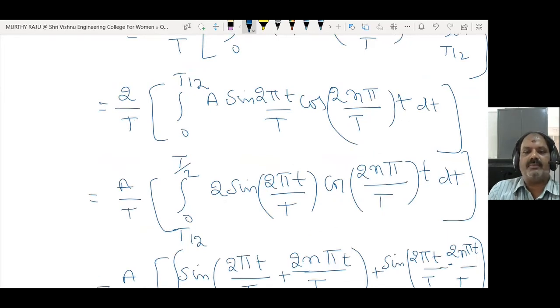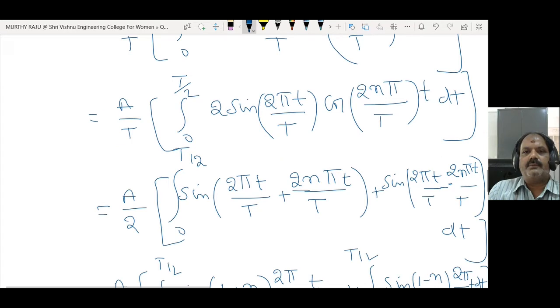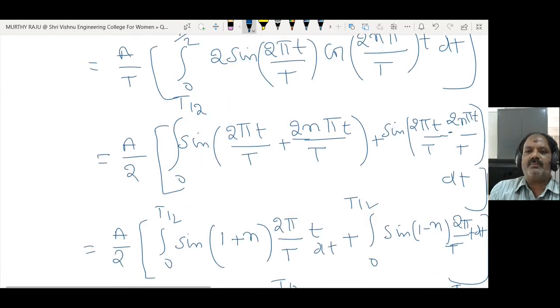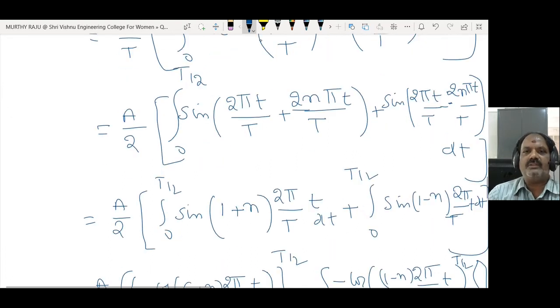Here 2 sin a cos b is sin a plus b plus sin a minus b. Here 2 is not required.